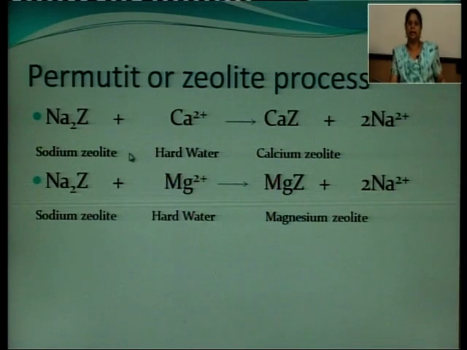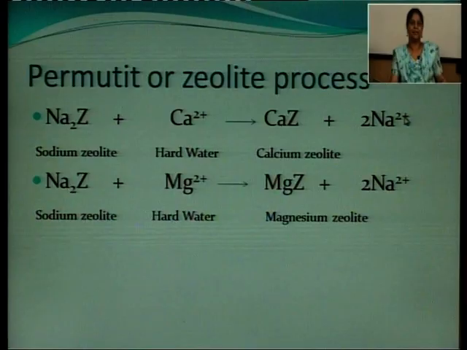Now, these are the chemical equations representing softening of hard water using permutate or the zeolite process. In this case, this is permutate or sodium zeolite. When we pass hard water through this, then the sodium ions are exchanged by the calcium, and we get, in this case also, here it should be only univalent sodium ions, not the bivalent one, and this is our exhausted permutate.